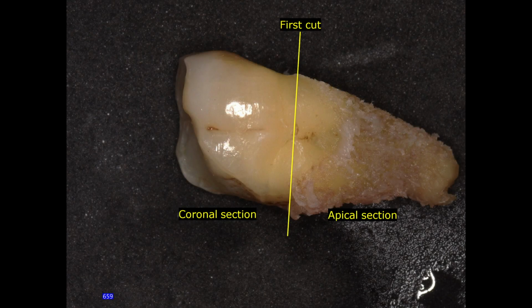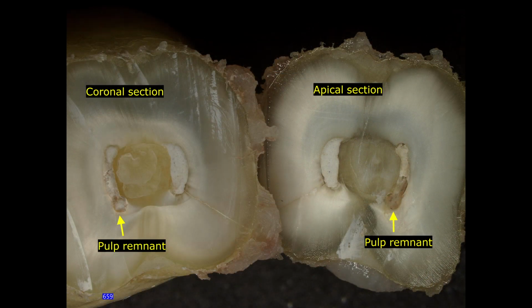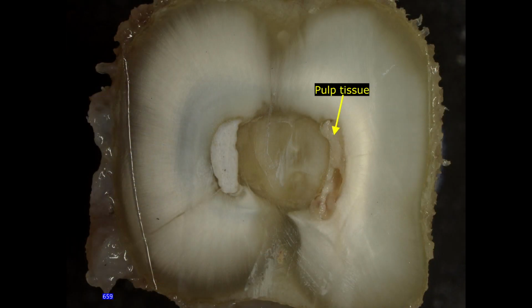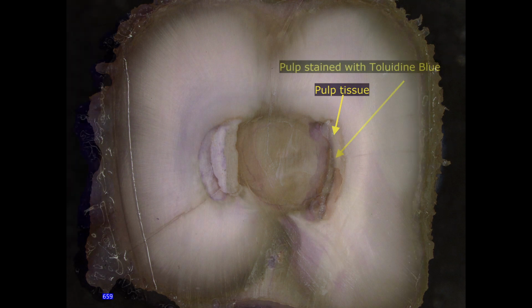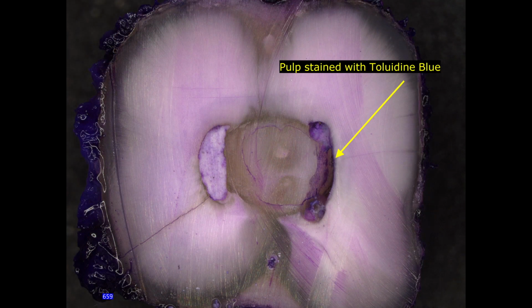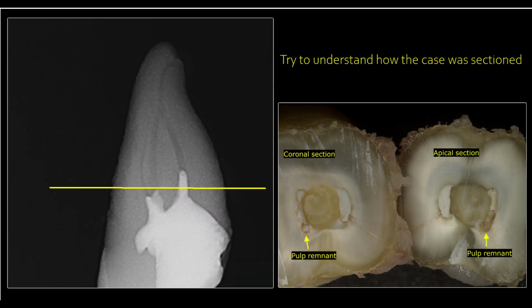So the first thing I did was I sectioned the crown off right below the attachment, and it appeared there was some pulpal tissue, perhaps in the horn. I stained it with toluidine blue to get a better look at it, so I don't really know what that is about.